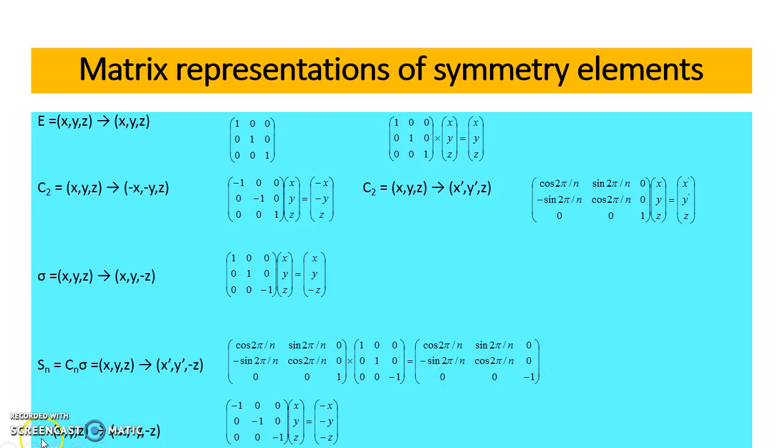In the case of center of symmetry, which shifts any point x, y, z to minus x, minus y, minus z, the matrix representation is minus 1, 0, 0, 0, minus 1, 0, 0, 0, minus 1. The matrix representations of symmetry elements are very important in defining the various properties of the molecules that we will discuss in the coming video lectures.